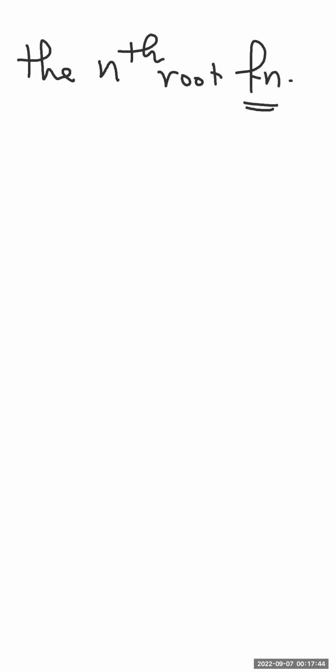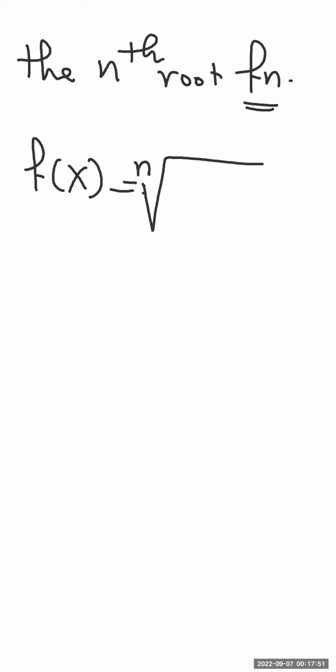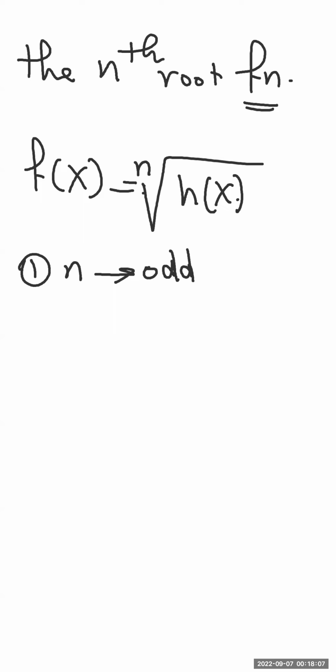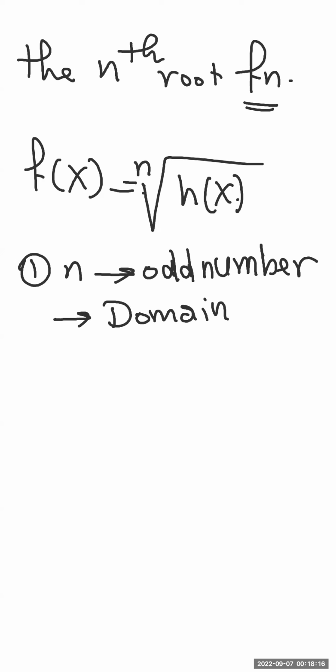If there is a function f of x equal to the nth root of h of x, now, the first case, if this number n is an odd number, therefore, the domain will equal the real numbers.